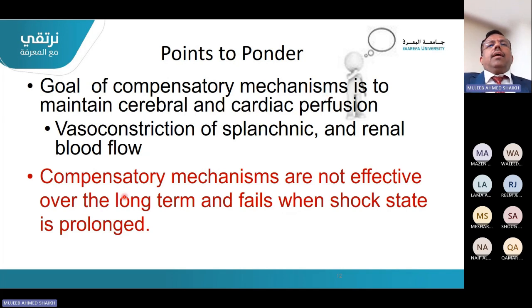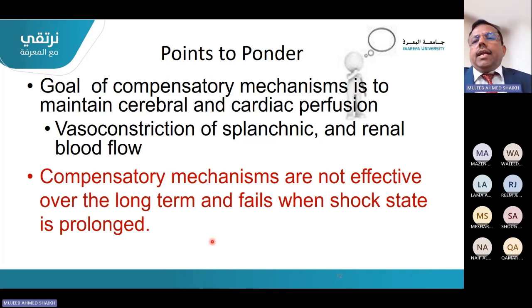If these mechanisms do not work, or the fluid loss or blood loss is more, then the person will land into the progressive stage of shock, or uncompensated. Progressive stage means there is not sufficient increase in the blood volume, leading to not sufficient increase of the mean arterial pressure.